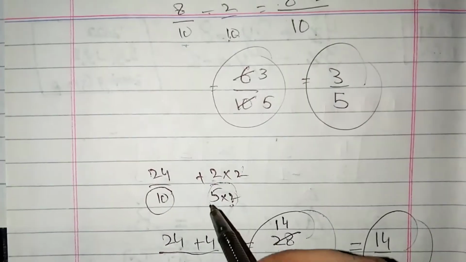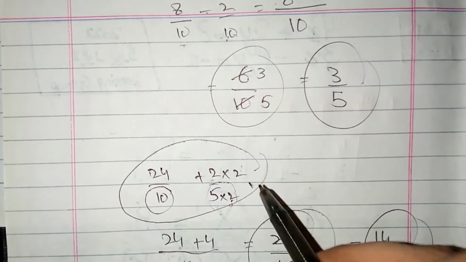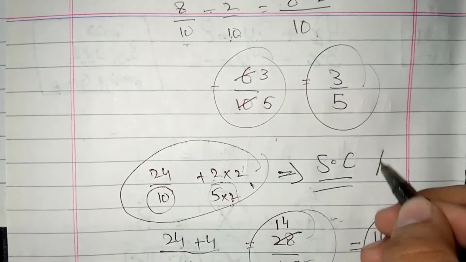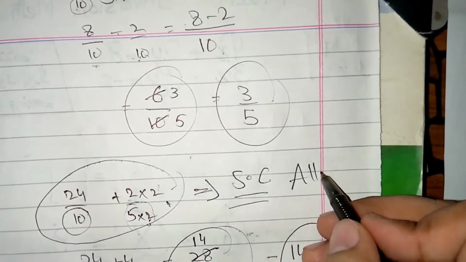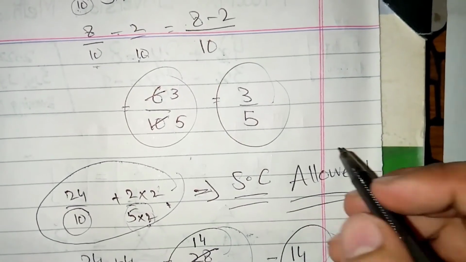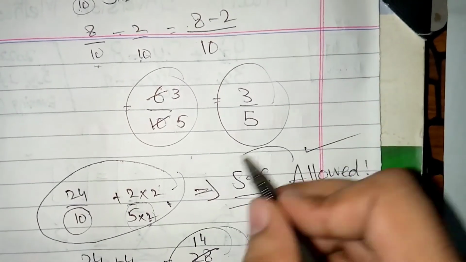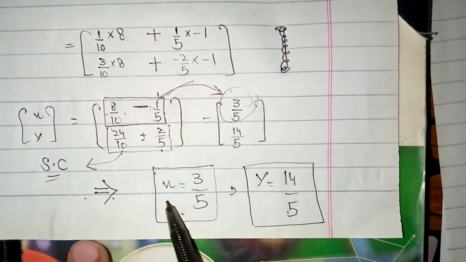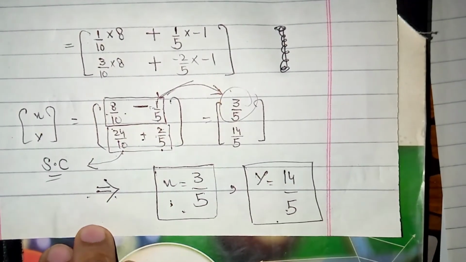And if you don't know how to do this, use a scientific calculator, and it is allowed in the final exam. You can solve this with the help of a scientific calculator. So here you have two values, for x and for y.